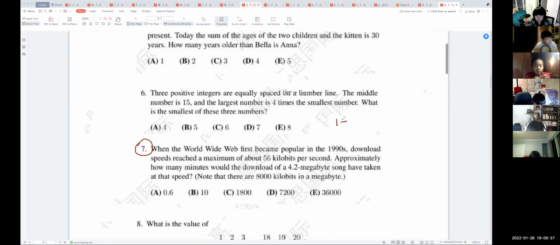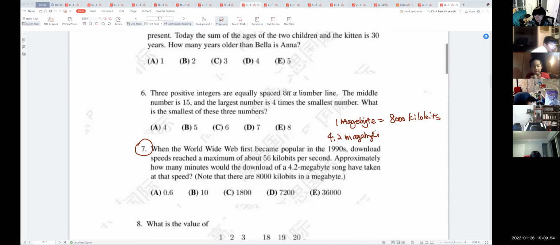So one megabyte equals 8,000 kilobits. So we have a song that is 4.2 megabytes. So how many kilobits is this? It's 8,000 times 4.2, right?